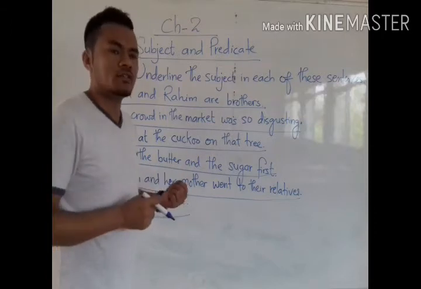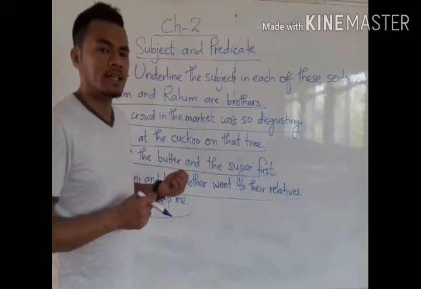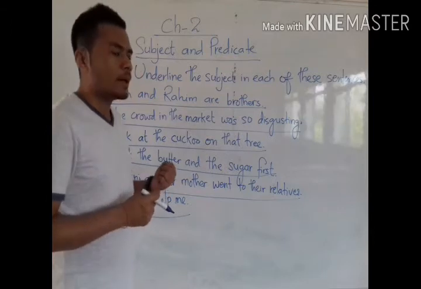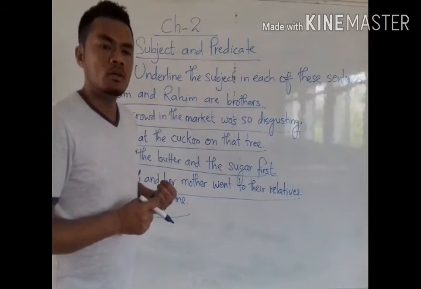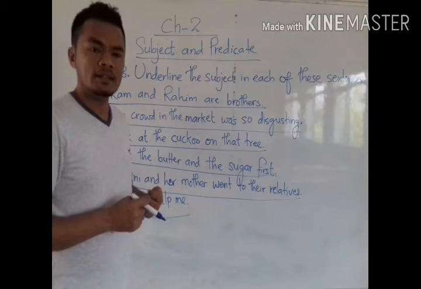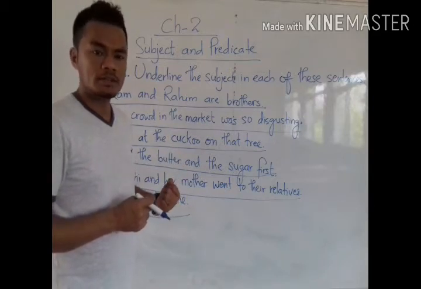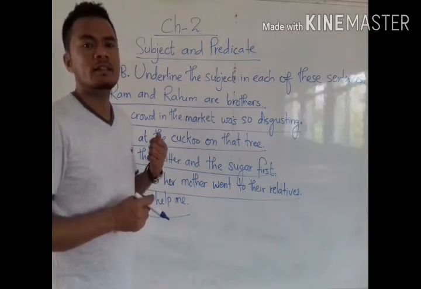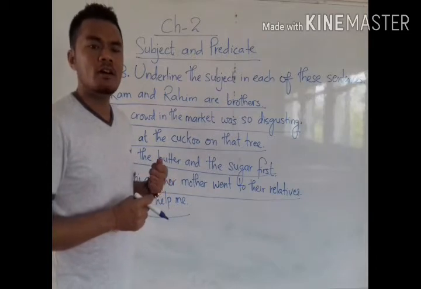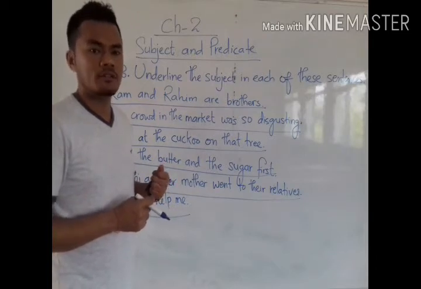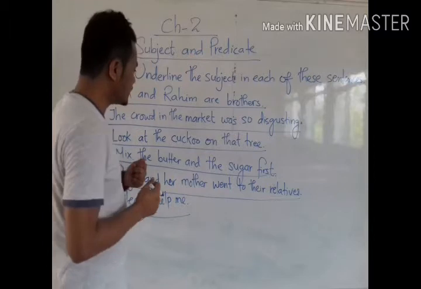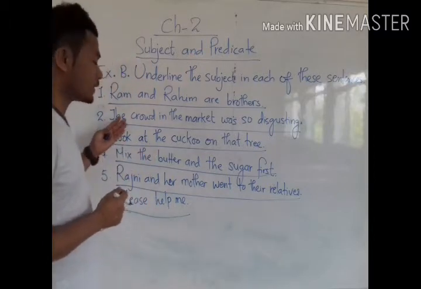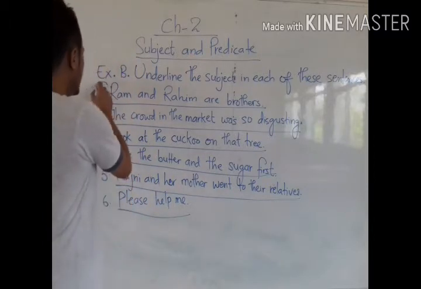So it is very easy for us to identify subjects in assertive sentences. And we know that imperative sentences are orders, commands, suggestions, or a piece of advice. Understood? So here, see the page, sentence number 1.